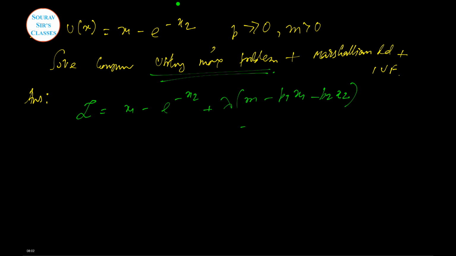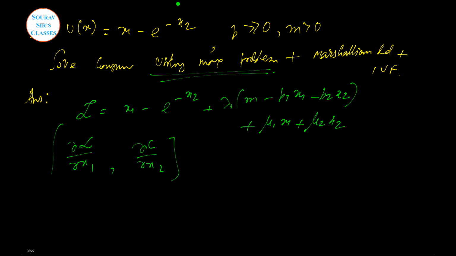And here it is mu1 x1, mu2 x2. That's it. That is our Lagrangian formation. Now this yields the first order conditions, that is del L by del x1 and del L by del x2.